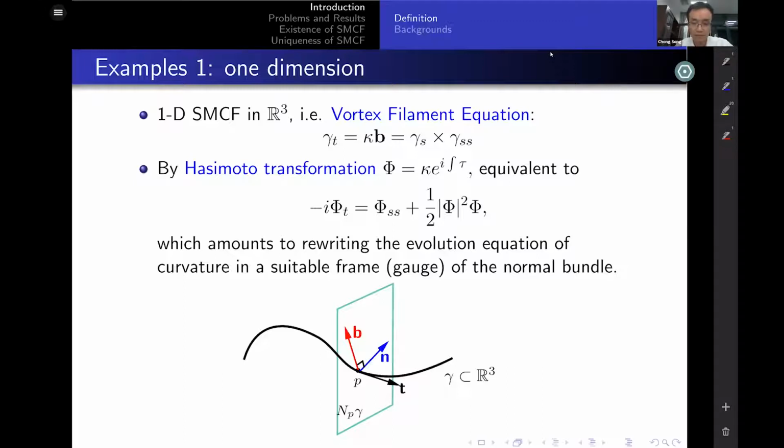And at each point of the curve, we have the normal plane, and we have the Frenet frame. So the equation is just gamma_t equals kappa b, where b is the binormal vector and kappa is the curvature.